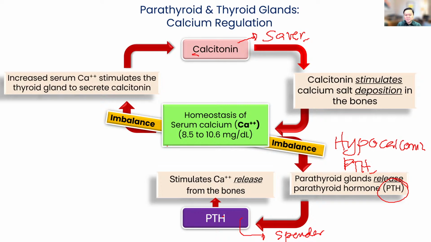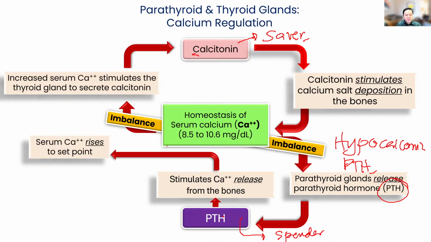Why? Because there is low calcium level, right? He needs the money. That's why he wants to withdraw the money from the bank, which is basically the calcium. So when this happens, of course, this will lead back to the normalization of the calcium ion level, which is 8.5 to 10.6.